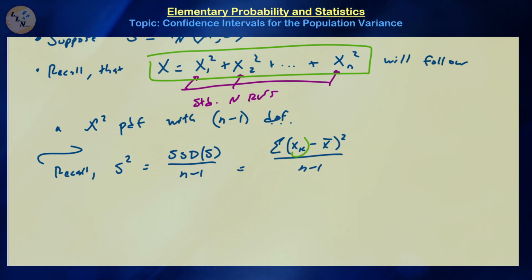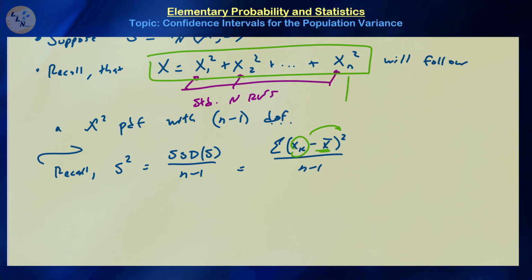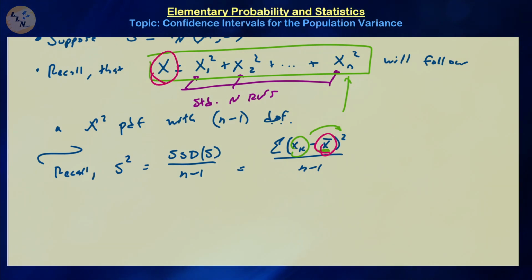So pretty much there, if we ignore that x bar, that is the sum of squared variables that we're looking at here. One can think, well, since x bar is typically a constant, xk minus x bar is simply a shifted version of this particular random variable x. If that is the case, then the distribution should just be shifted versions of each other as well.